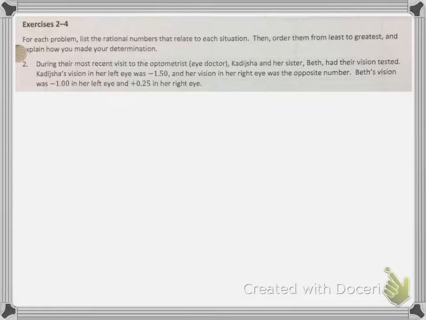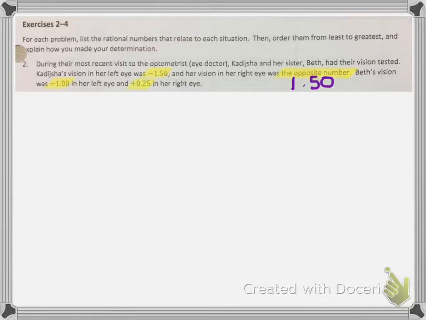The opposite of negative 1.50 is going to be a positive 1.50. Beth's vision was a negative 1.00 in her left eye and a positive 0.25 in her right eye.